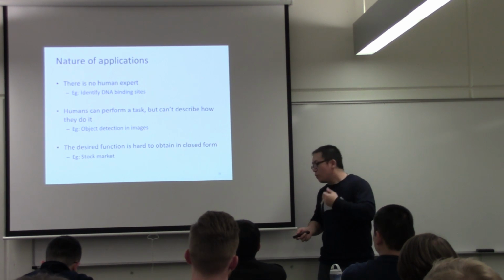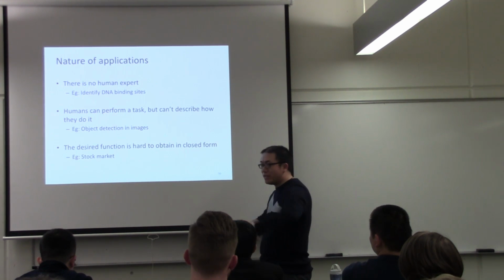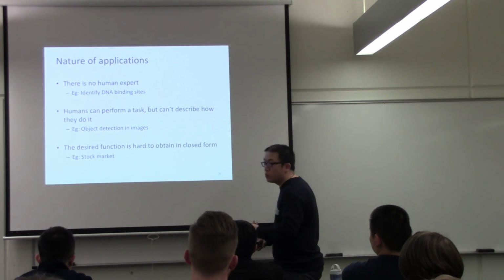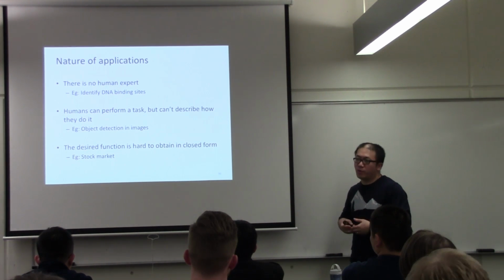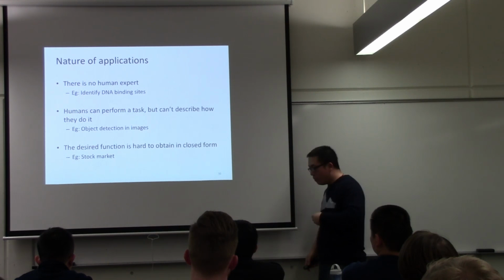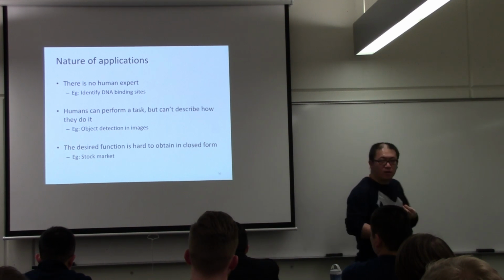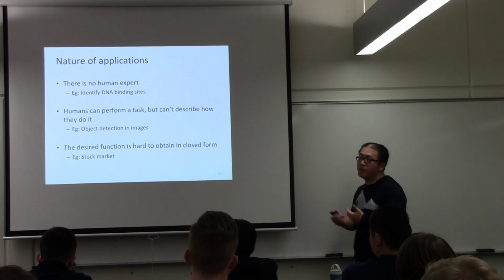But we just can't write up explicit instructions for how we do that. This is actually still unknown for neuroscience researchers. But in those cases, we still want some machines or robots to automatically recognize objects in images.